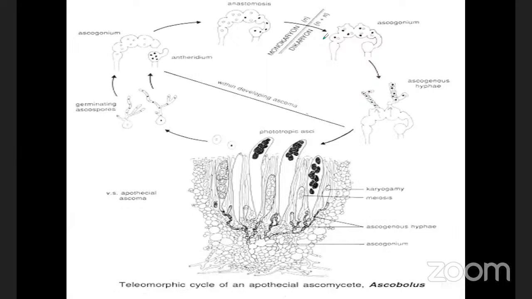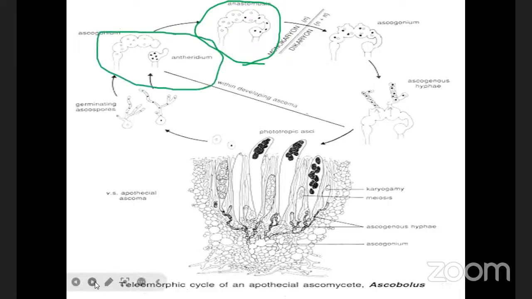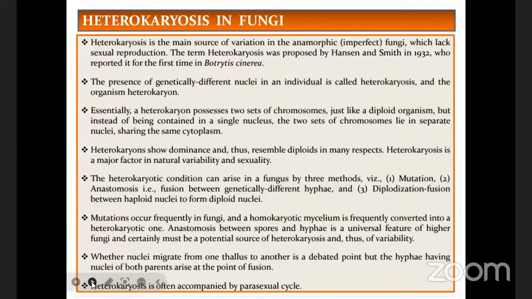With the dikaryotization it again forms the diploid, which again takes reduction division, forming the eight-spore structure, the ascus. These all are germinating and forming the new. You see, the mating is happening between two opposite strains. There is compatibility between the two opposite strains, ascogonium and antheridium. That is heterothallism.